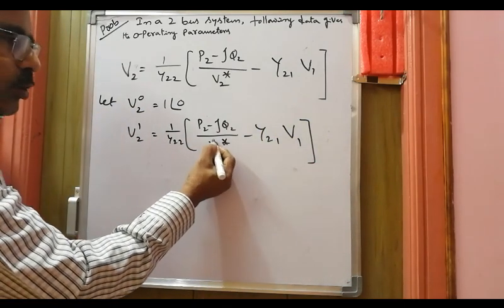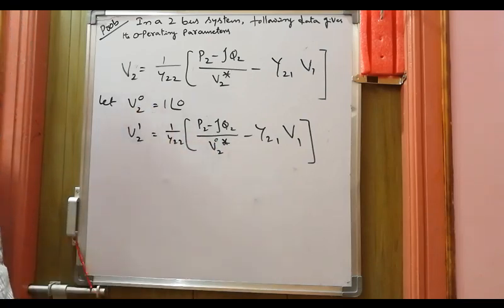V2, which is to be substituted, is 1 angle 0. And P2 minus JQ2, what is that? That is S2, is it not? S2 is minus J0.5.